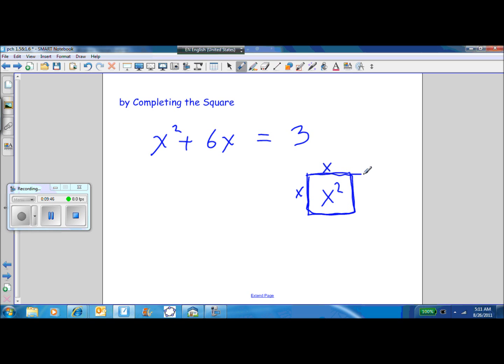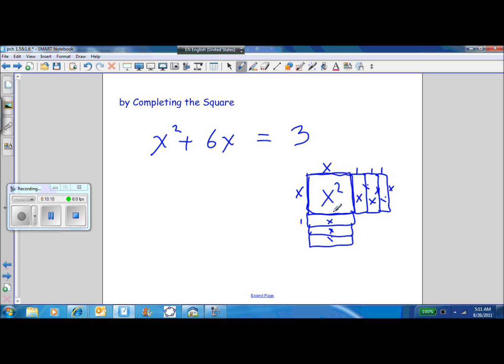And what we're going to do is take the 6x's as 6 of these rectangles that are basically 1 by x rectangles. So each one of these rectangles represents x. And then I actually split it up first, so that I'm making this square.